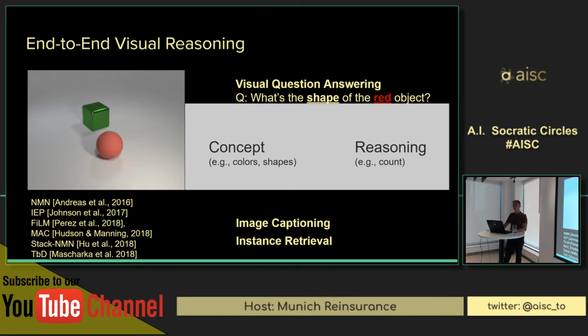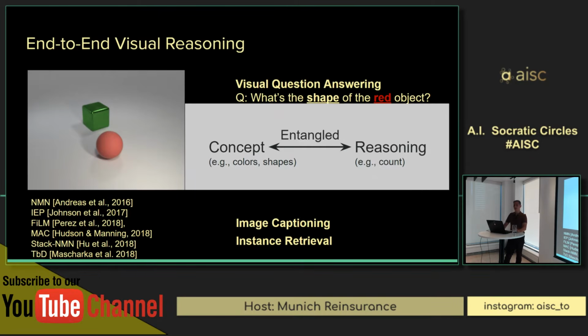Yet, there are two things to be learned in this loop. First, you have to learn concepts, such as colors and shapes. And second, you have to have the ability to reason, such as counting, or telling the positioning of different objects against each other.